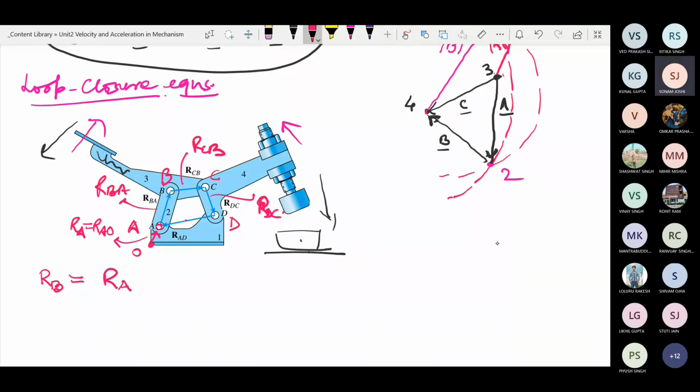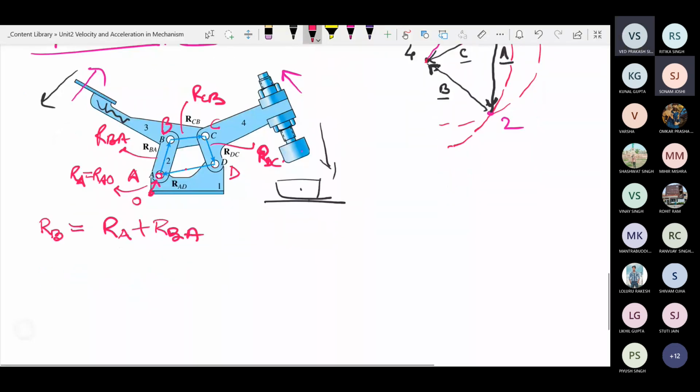Later on, what we will observe is that this RA is eliminated because RA is from origin to node A, joint A. So that will be eliminated. Okay. Overall, you will be getting only the loop, whatever loop you have formed. This loop may be of 4 members. This loop may be of 6 members. Okay. That is another thing. So RA plus RBA.